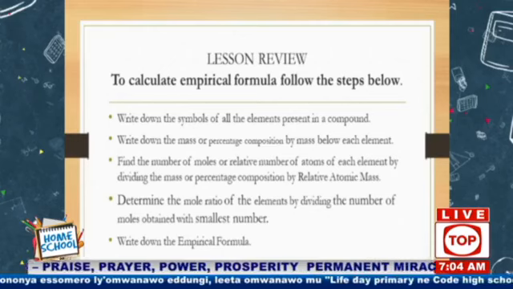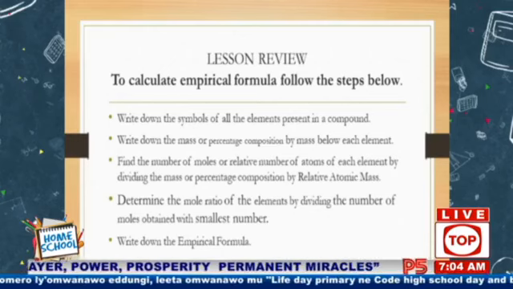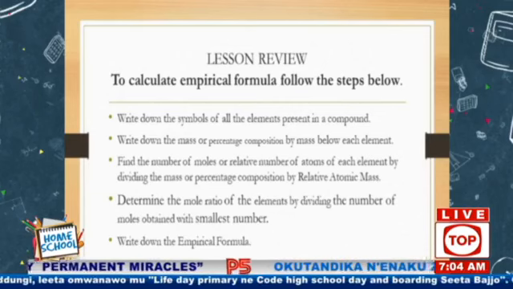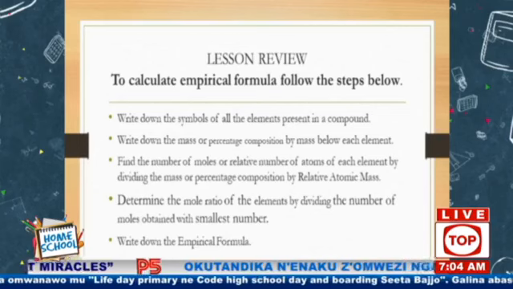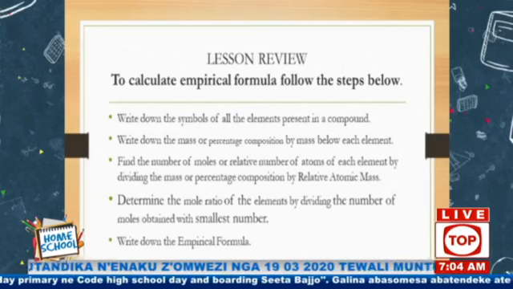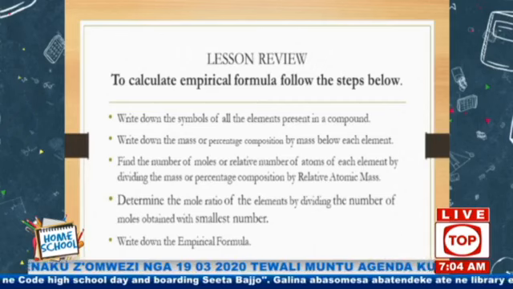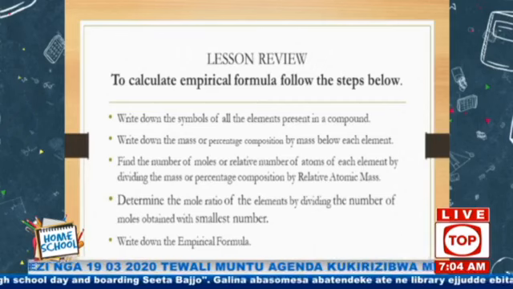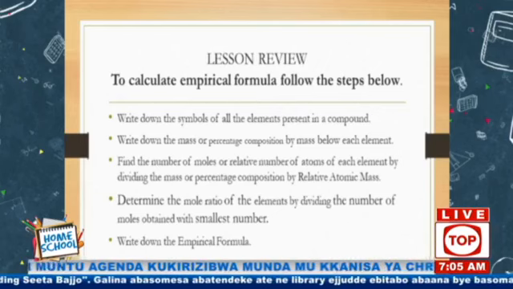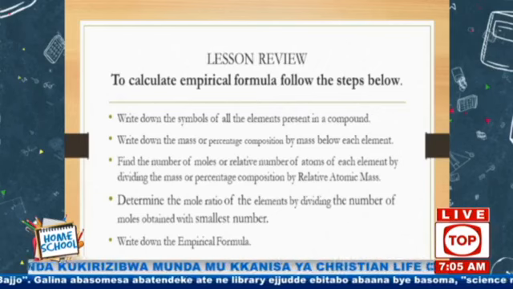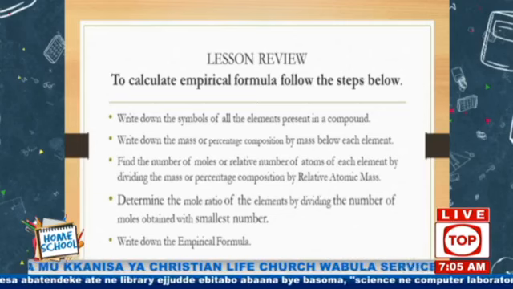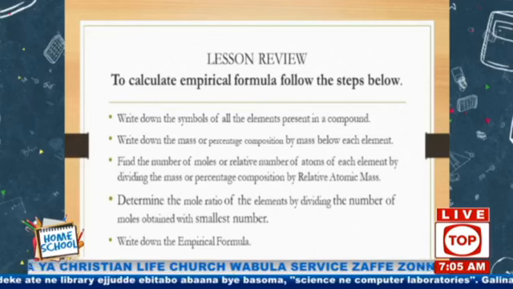Then the second step, we said you write down the mass or percentage composition by mass below each element. After writing the symbols of the elements, then you write their percentages. After that, you find the number of moles or relative number of atoms of each element by dividing the mass or percentage composition by relative atomic mass. When you do that, you get the number of moles.